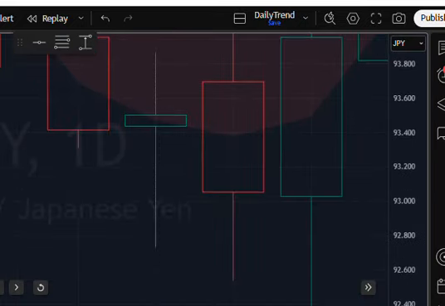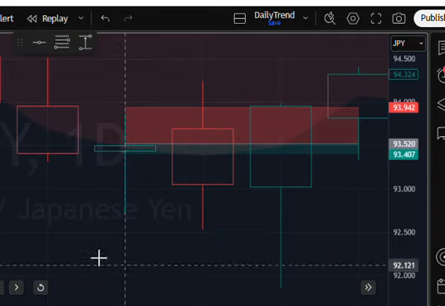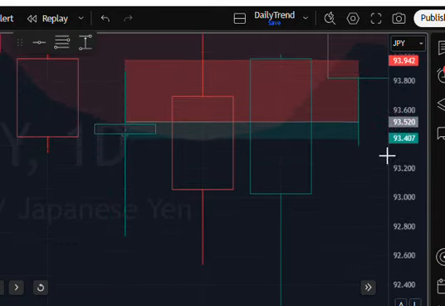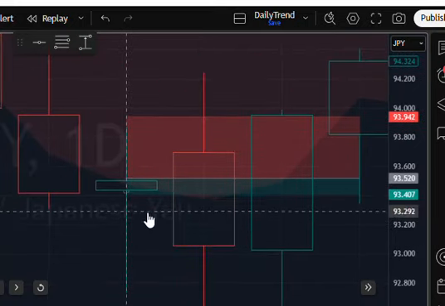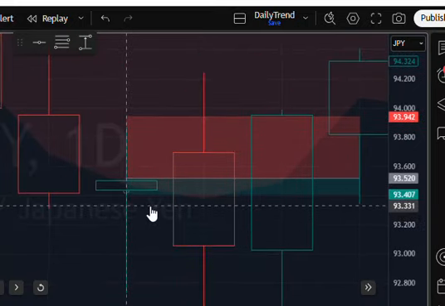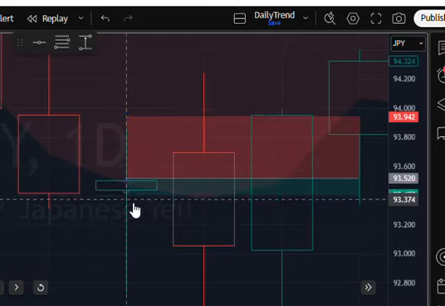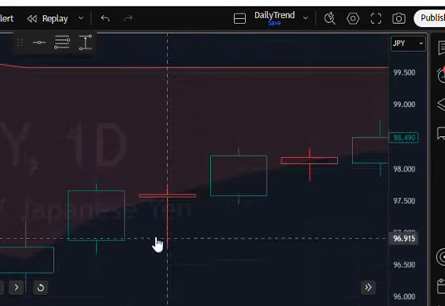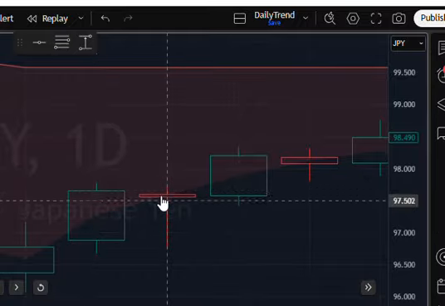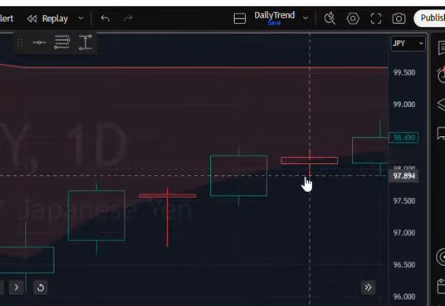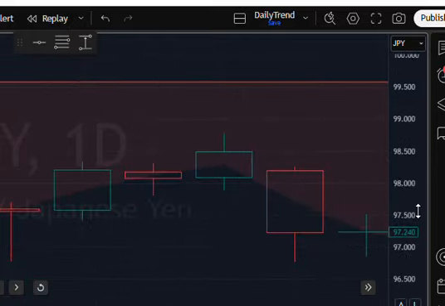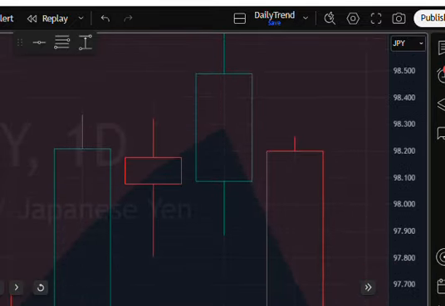But then it might get filtered out anyway. I guess you can leave it, because even with a super doji like this, the risk to reward ratio is going to be so small that it's going to get filtered out anyway. Here's another one, this red one, super thin. This one, super thin. But again, I really think the ratio would catch these.